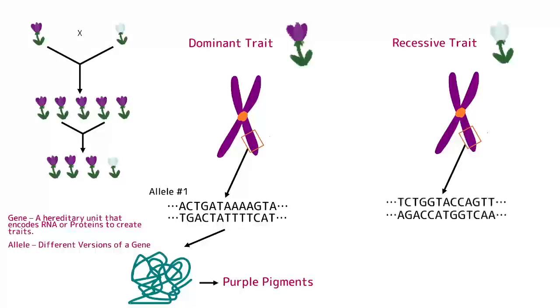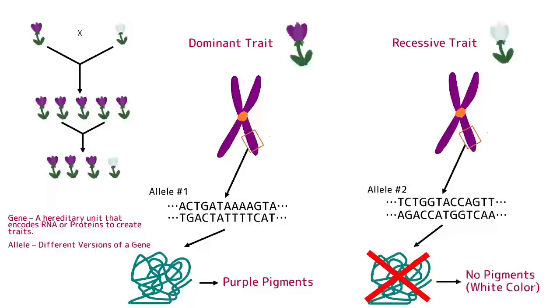But the second allele gives us a defective protein which gives us no pigments, which in result gives us the white color. So different alleles constitute different traits.